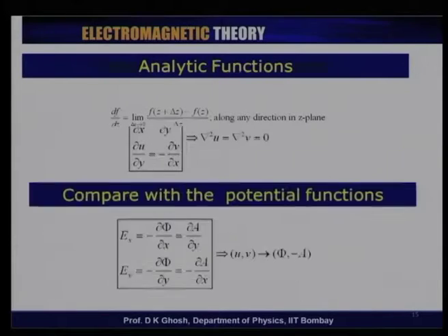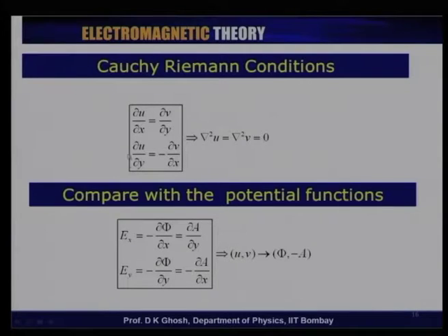Notice that when we wrote down the Cauchy-Riemann conditions, du by dx equal to dv by dy or du by dy equal to minus dv by dx, since the order in which the differentiations are taken is immaterial, if I differentiate this with respect to y and differentiate this with respect to x and add them up, I get del square u equal to del square v equal to 0.